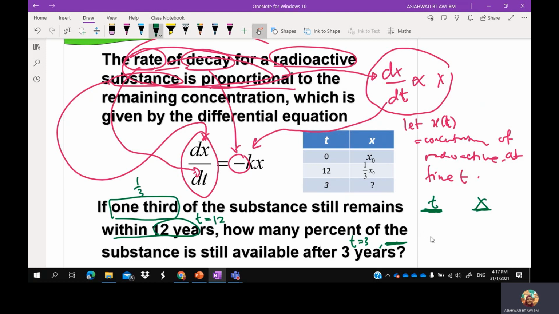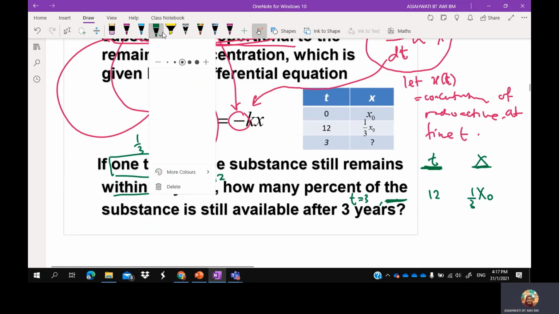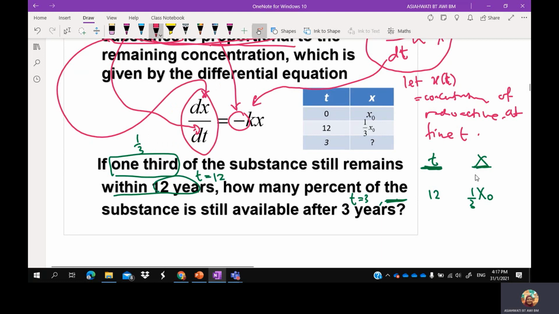When t equals 12, the substance remaining is 1/3. Say that at the beginning, the substance is x naught.